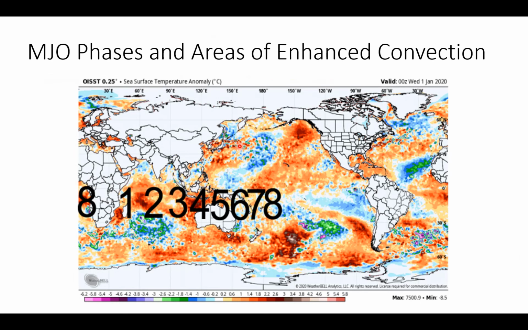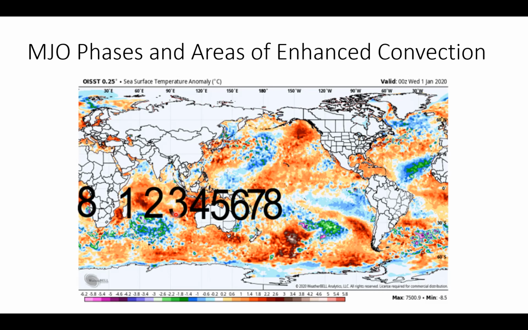Looking at the Madden-Julian oscillation, or MJO, phases overall, you can see the various phases ranging from phase 1, where we have convection, upward vertical motion and precipitation in the equatorial area east of Africa, near Madagascar.